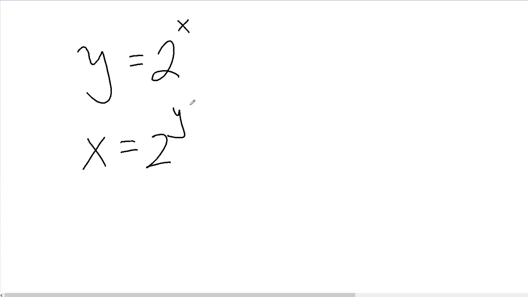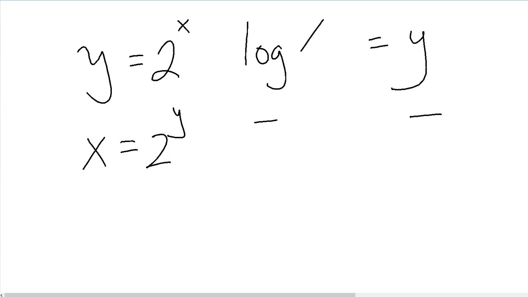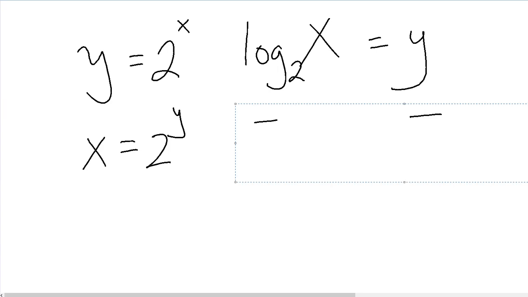Remember, the log is the exponent that you raise a particular base to, the base is 2, to get a certain result. And so this is the way that we can write this function solved for y. That's 2 to the y equals x.